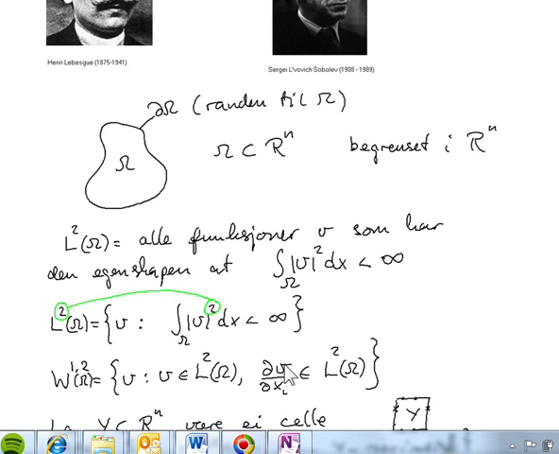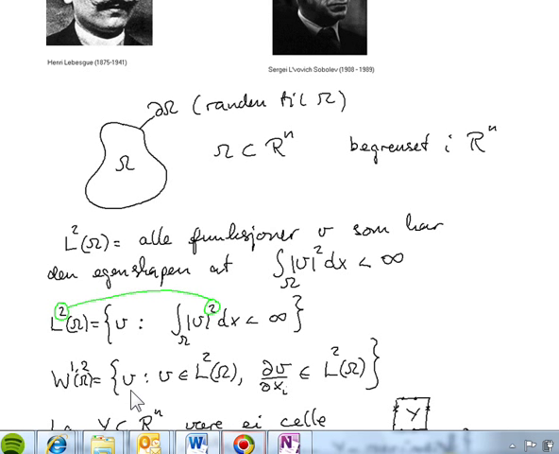Then we have a more advanced type of function space. This is the Lebesgue space, and this is the so-called Sobolev space, W12 of omega.